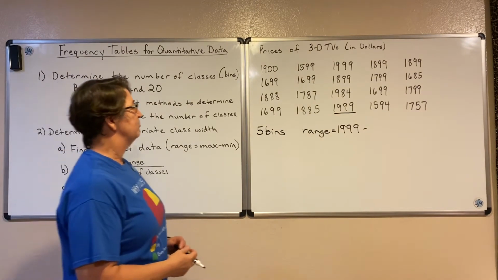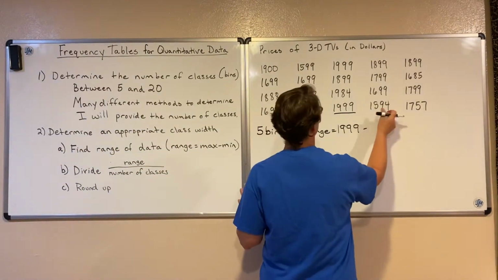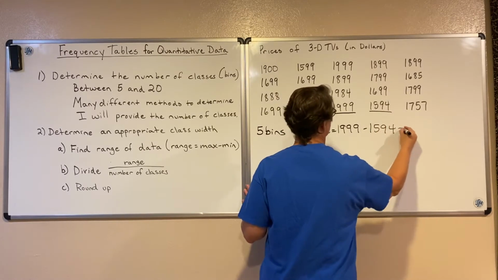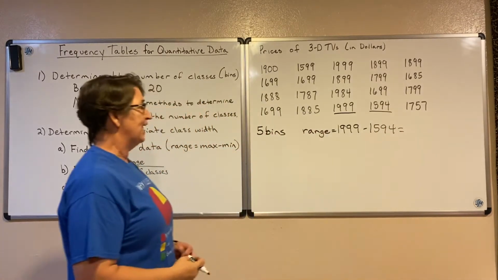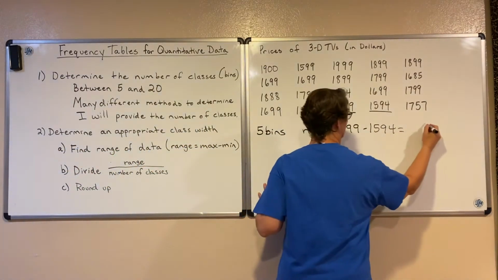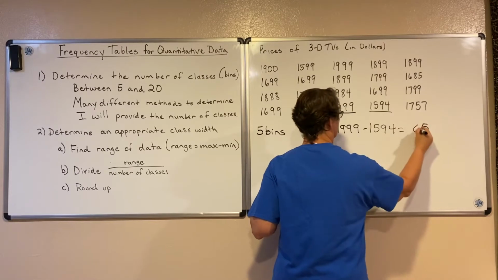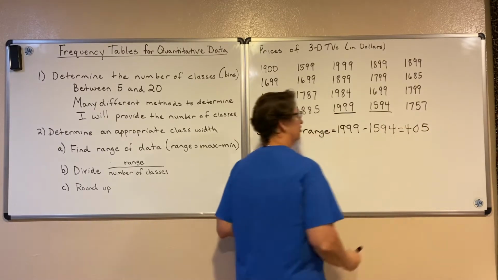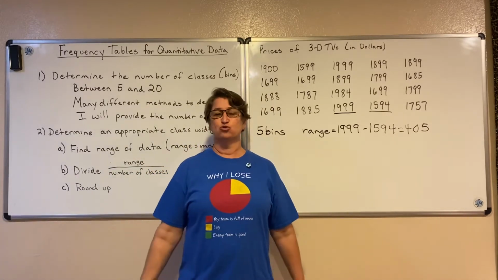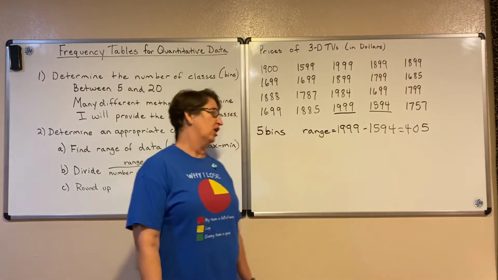In this case, my smallest price is $1,594. So I'm going to find out how wide a range is my data. Just a little subtraction there, 5, 0, and 4. So it's 405 units wide. The prices range by $405.